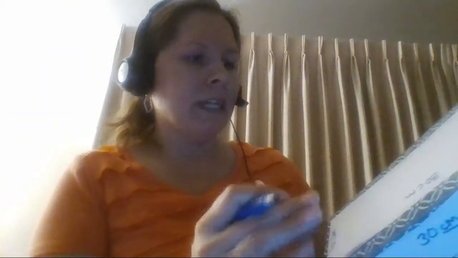But there's kind of a cheat, because if this is 300 square centimeters, the opposite side is also going to have 300 square centimeters. So I'm just going to go ahead and write that here. That's 300 square centimeters. Same thing here. The opposite sides are going to be the same. So if this is 80 square centimeters, this side, where my paper fell off, is also 80 square centimeters.